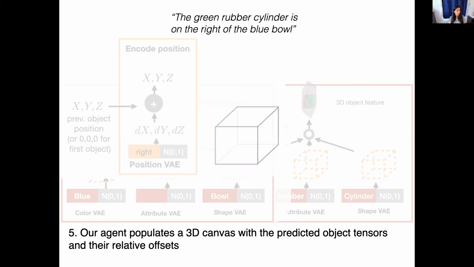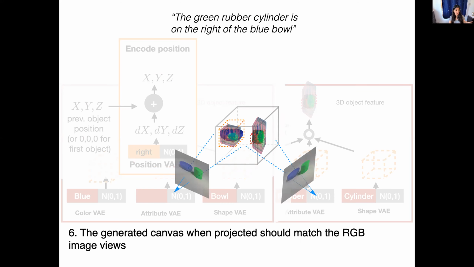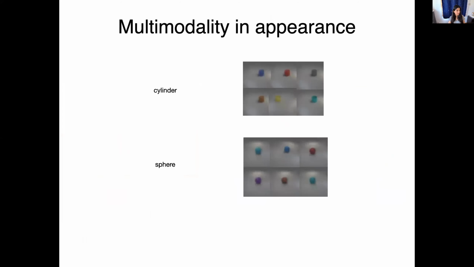Now we can put all those together. If you give me an expression, the green rubber cylinder on the right of the blue ball, then I'll use my object generative network to spit out 3D feature maps, and then I'll use the spatial one to place them in a 3D canvas. And when projected, this 3D feature map had better explain the 2D images. That's how it is essentially trained.